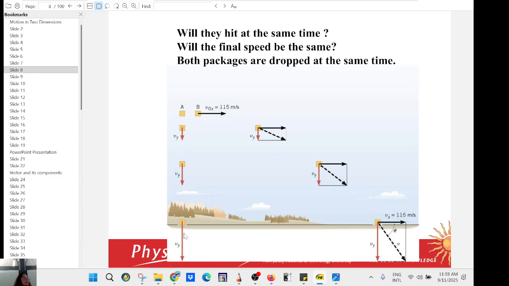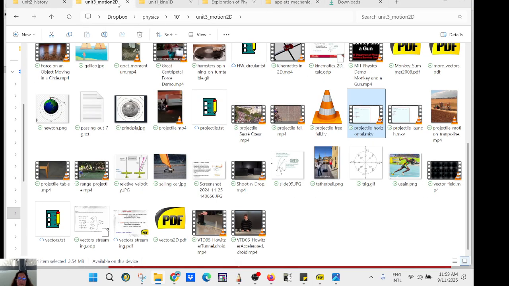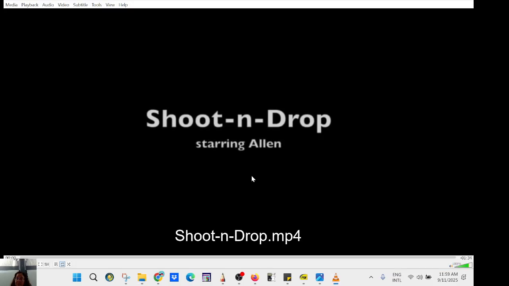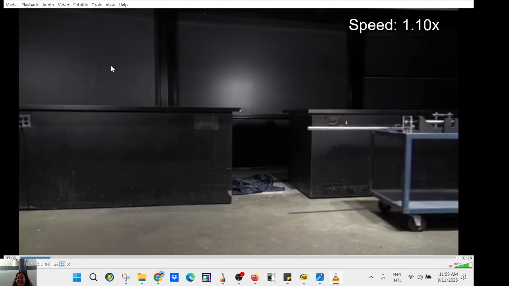Yes, because they have the same vertical motion at the same time, and they will have the same final velocity. So I can show you that here. No, this one is funny. It's not funny, but I found that it's very cool.